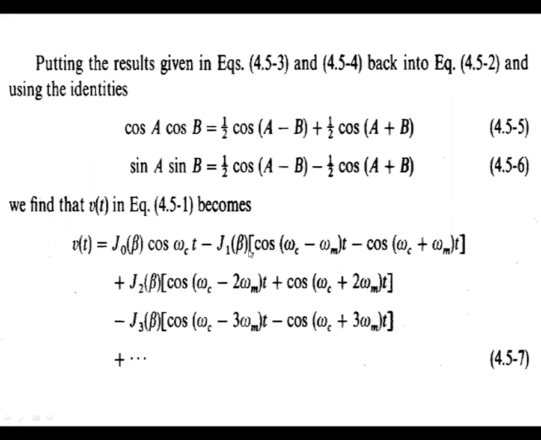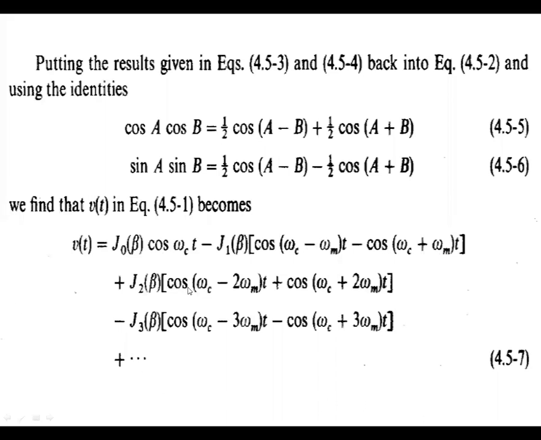Then J1(β) has the functions cos(ωc − ωm) and cos(ωc + ωm). For J1, there are two functions: ωc − ωm and ωc + ωm.